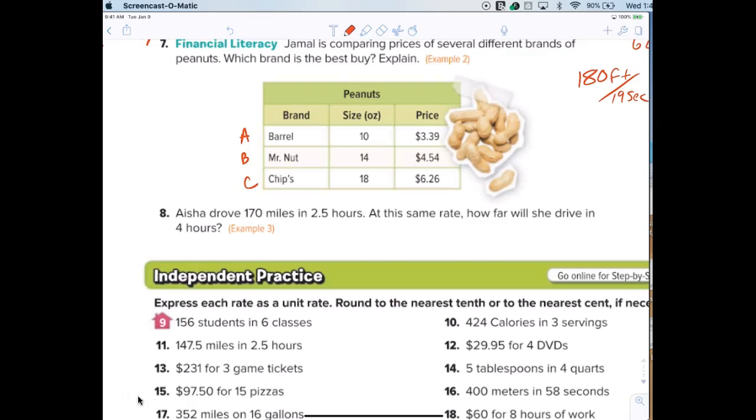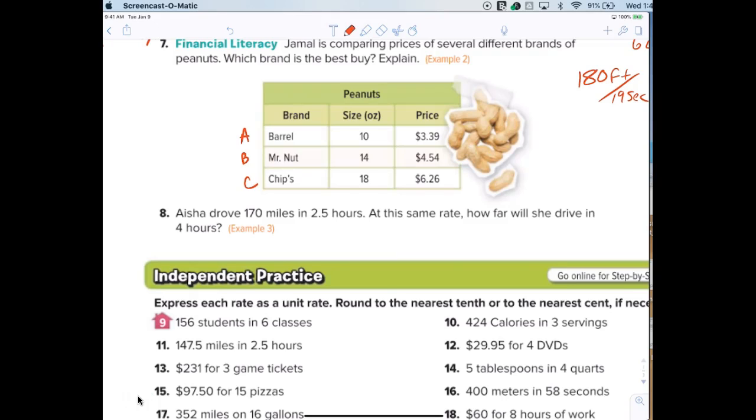Move it 1 place, because there's 1 zero. We move it 1 place to the left. The reason I remember that is because when dividing, I know the number's getting smaller. Everybody okay with that?